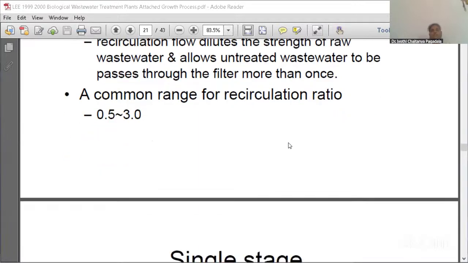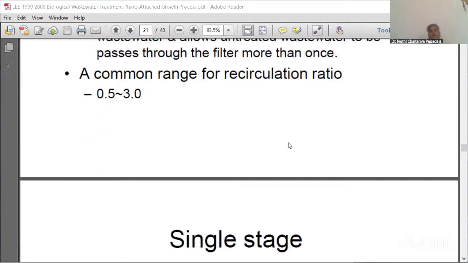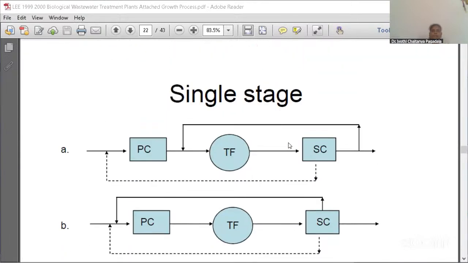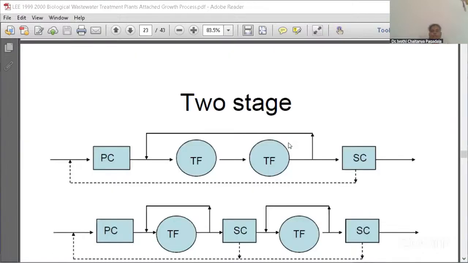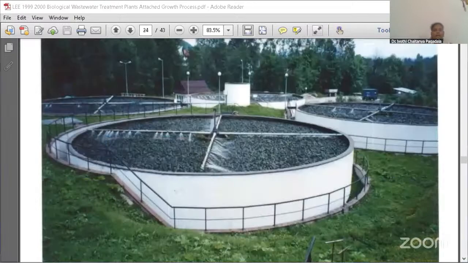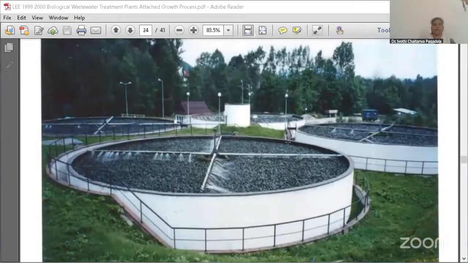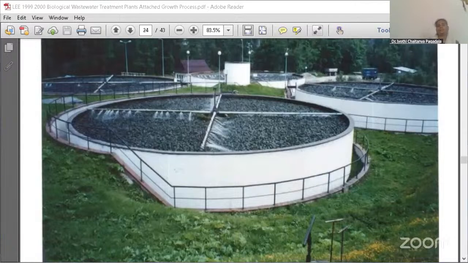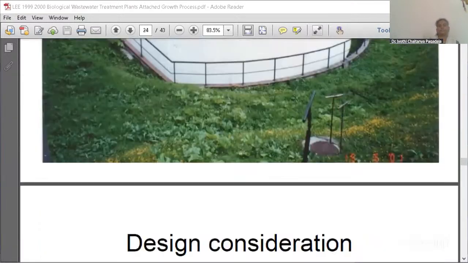A common range for the recirculation ratio is 0.5 to 3. When coming to the single stage, this is not important for you now. Here you can see big tanks with trickling filters.